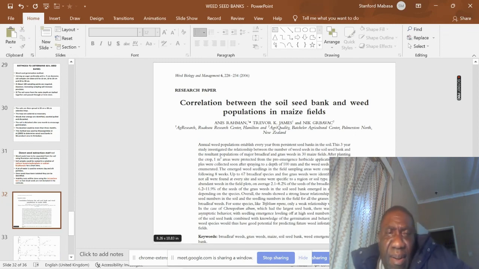Now, there could be a correlation between the soil seed bank and the weed populations in the soil. So there's a paper which can explain this. Probably I will have to send it to you, or you may have to look for it if you wanted to explore more about weed seed banks.